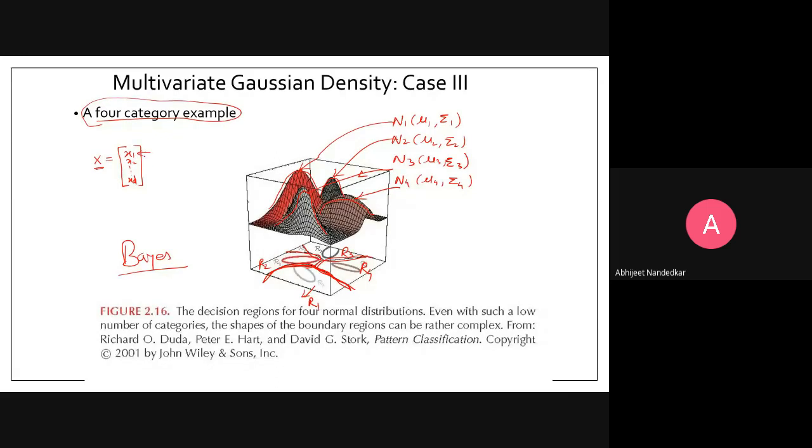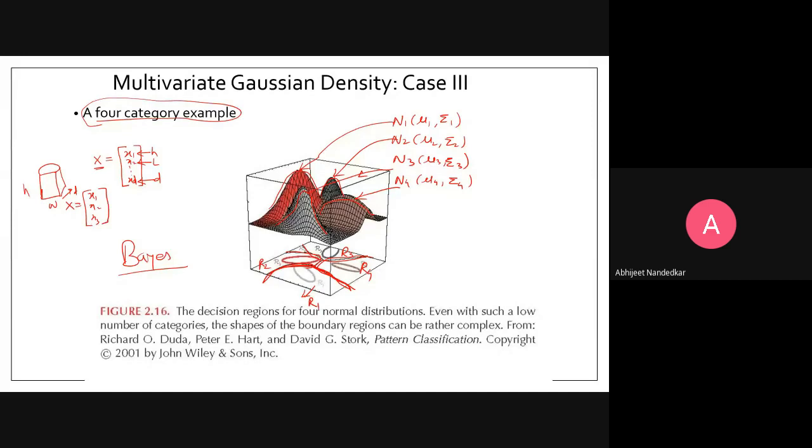Say this may be the height of the object, this may be the length of the object, this may be the depth of the object. These are different variables that we have selected from our knowledge. When I give you an object like this, I measure its height, width and depth. So this object is represented by three numbers, x1, x2, x3.